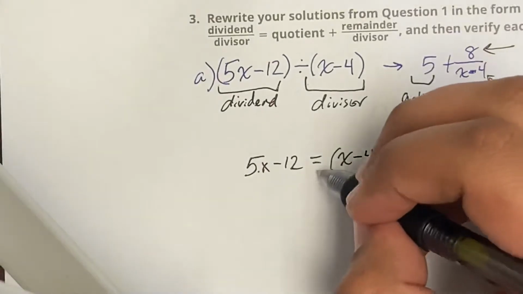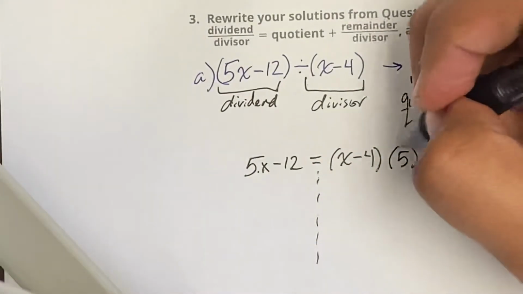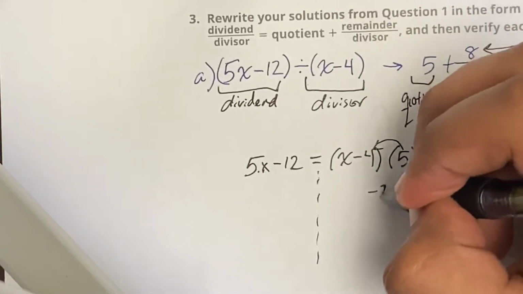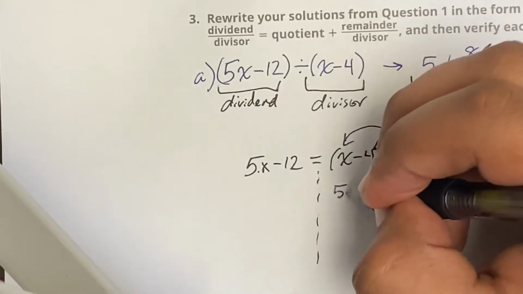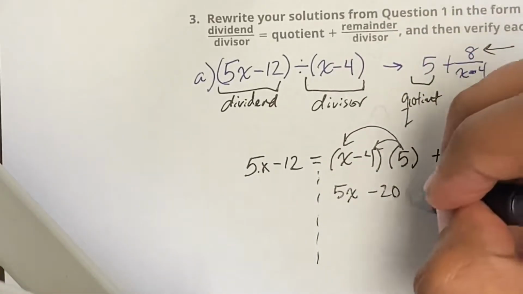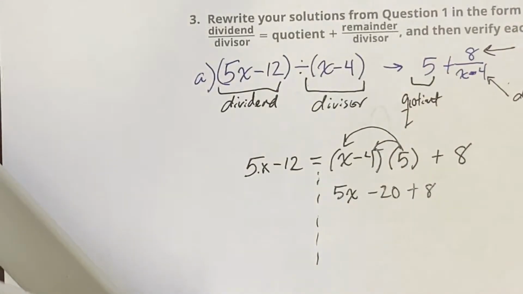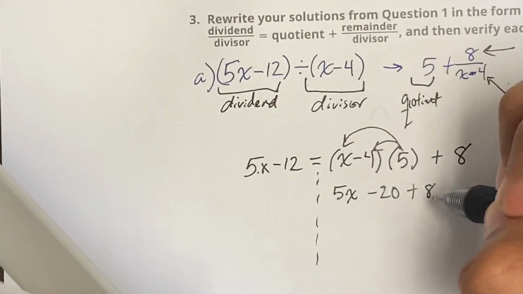And we solve. Remember, we're going to leave this here at the end. 5 times negative 4, that's negative 20. 5 times x is 5x. Bring down the plus 8. Combining like terms says we put our partners together.